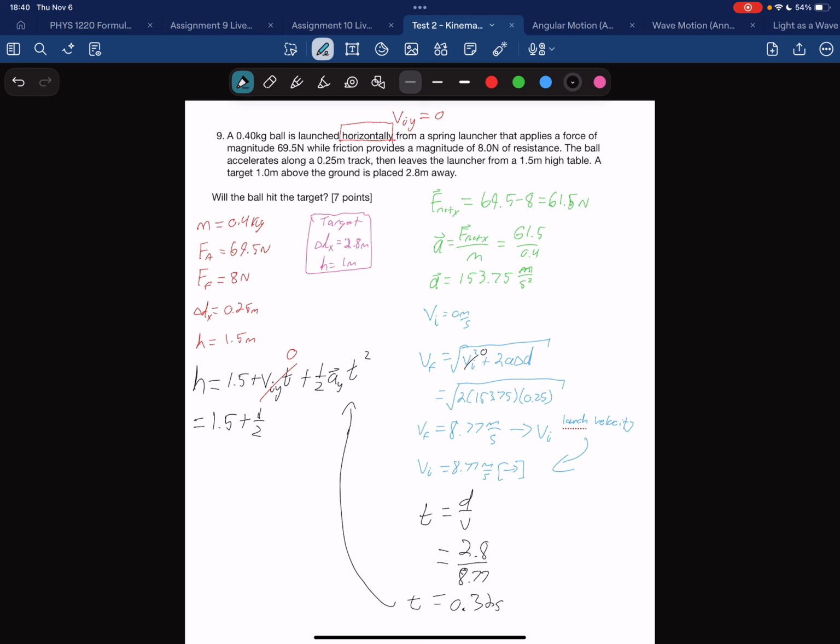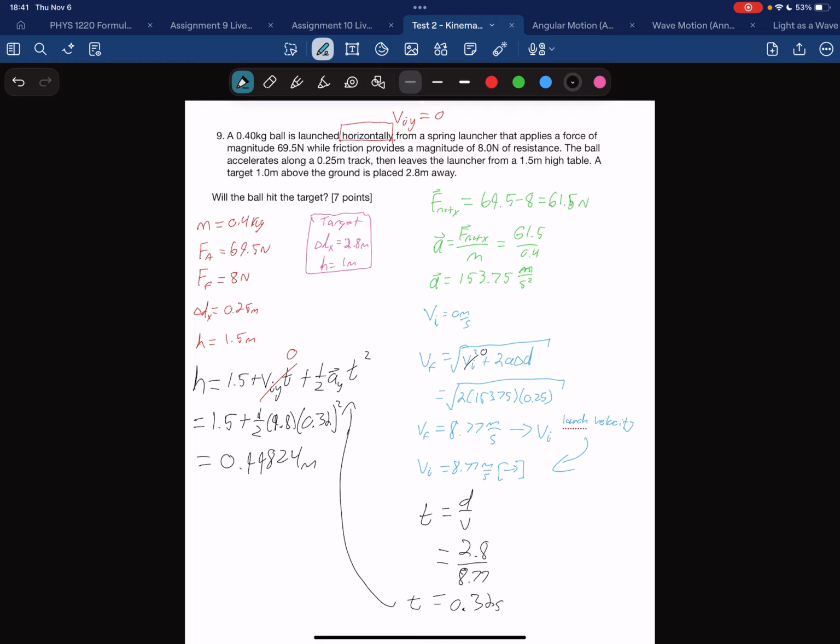This is 1/2. Now the acceleration in the y direction. This is the acceleration due to gravity, not the acceleration we calculated earlier. And the time was 0.32 squared. Putting this all together in a calculator, I got 0.99824 meters.